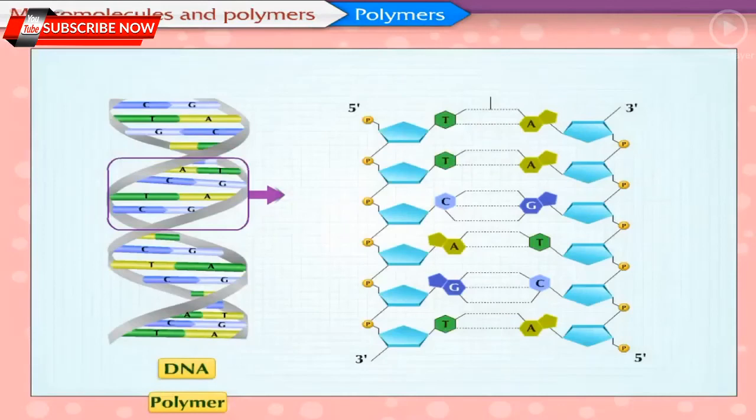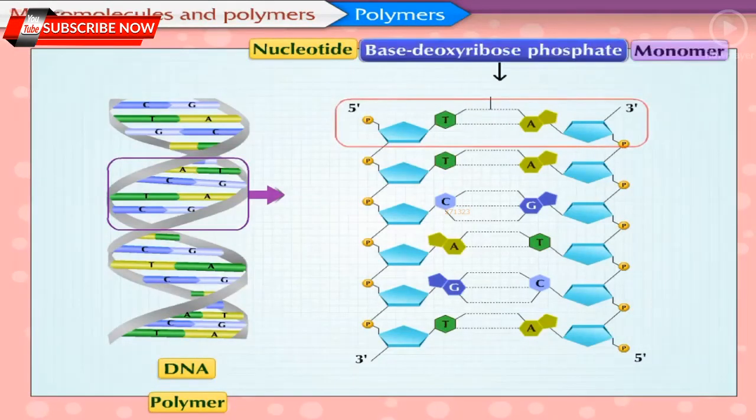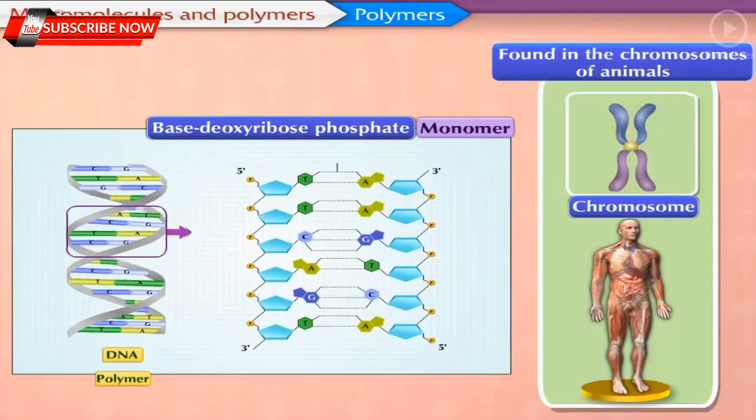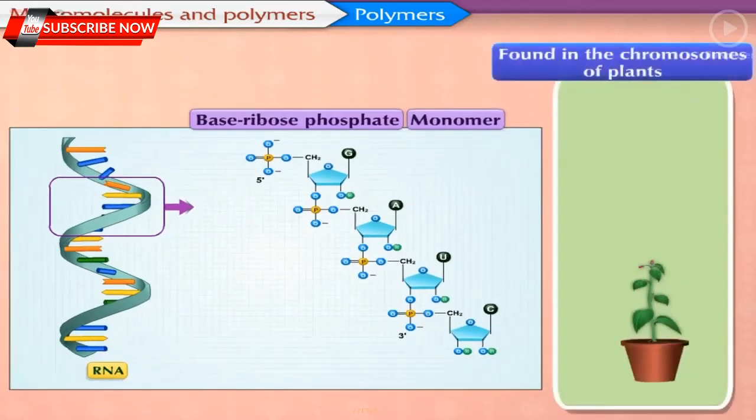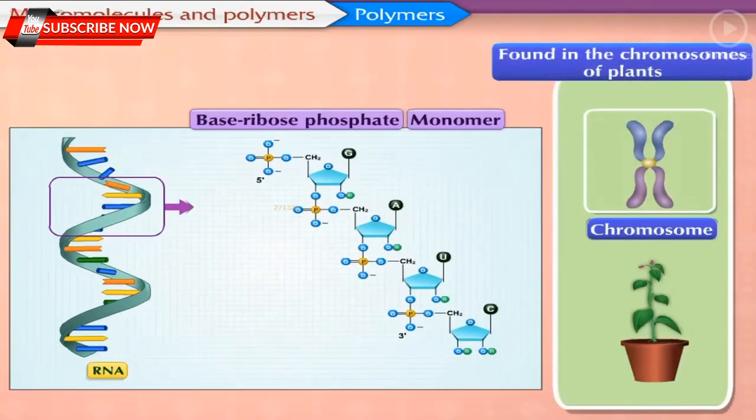The monomer of DNA polymer is the nucleotide, that is, base deoxyribose phosphate, which is found in the chromosomes of animals. Similarly, the nucleotide base ribose phosphate monomer forms RNA polymer, and it is found in the chromosomes of plants.